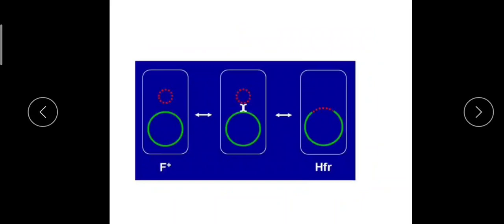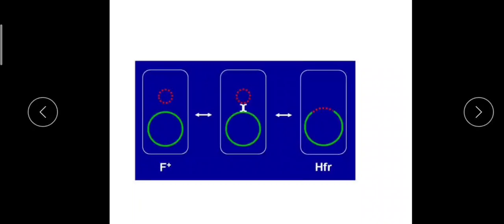Another category of cell is the Hfr cell. In this case, the F factor behaves like an episome. Episomes are plasmids that get integrated with the chromosomal DNA.